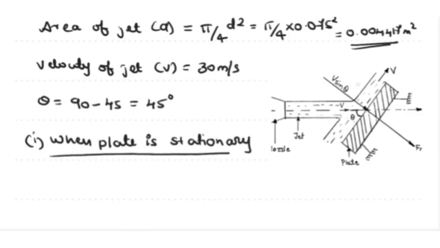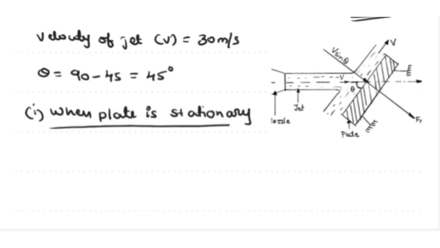We know the formula to calculate force exerted on the inclined plate when the plate is stationary: Fn is equal to rho into A into V square into sin theta.